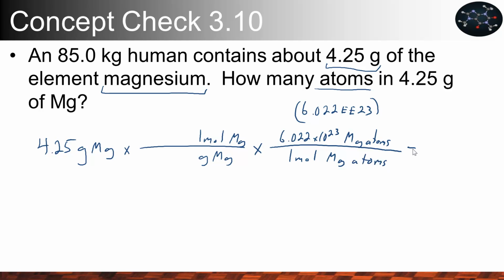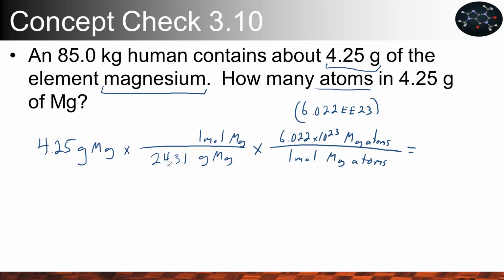First of all, we have to figure out the number of grams of magnesium in 1 mole. So to do that, we go to the periodic table and I find 24.31 grams of magnesium.